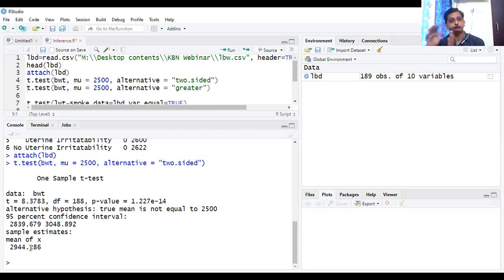So, taking all 189 samples as one population, the sample indicates that the babies' birth weights are meeting these standards.